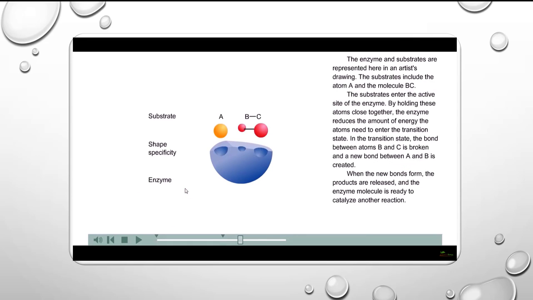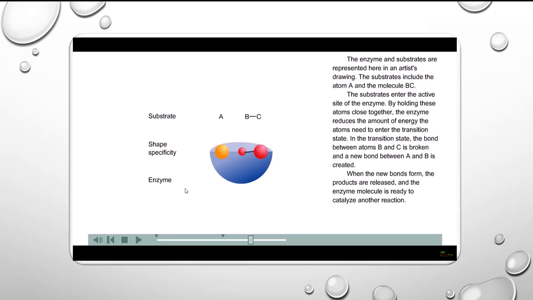The enzyme and substrates are represented here in an artist's drawing. The substrates include the atom A and the molecule BC. The substrates enter the active site of the enzyme. By holding these atoms close together, the enzyme reduces the amount of energy the atoms need to enter the transition state.